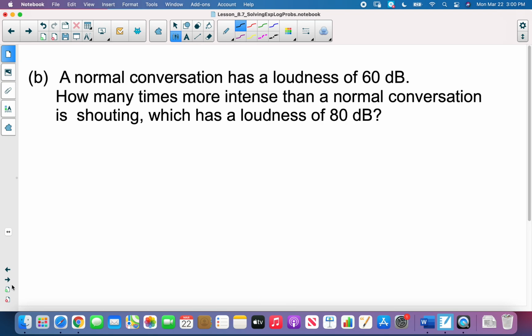A normal conversation has a loudness of 60 decibels. How many times more intense than a normal conversation is shouting, which has a loudness of 80 decibels? Let's compare the two.